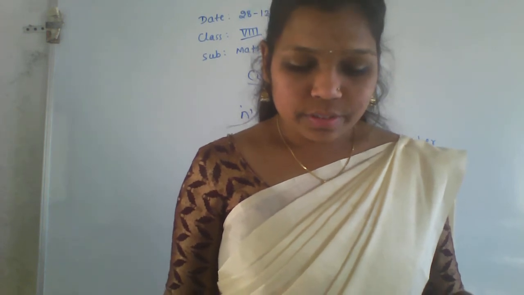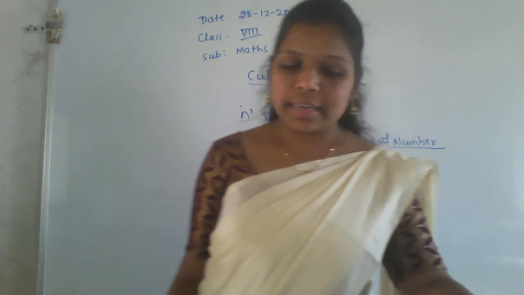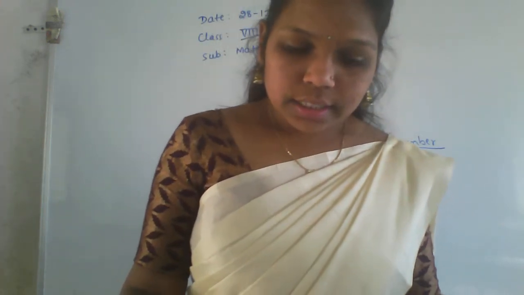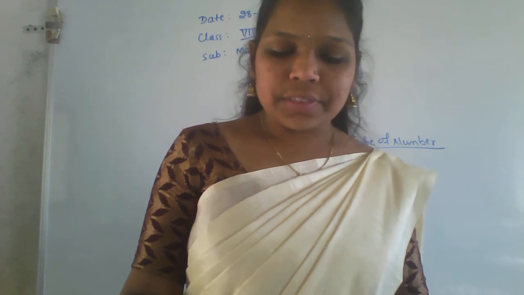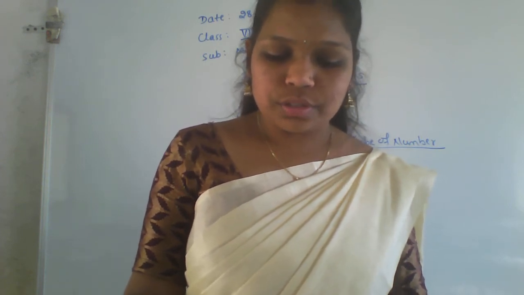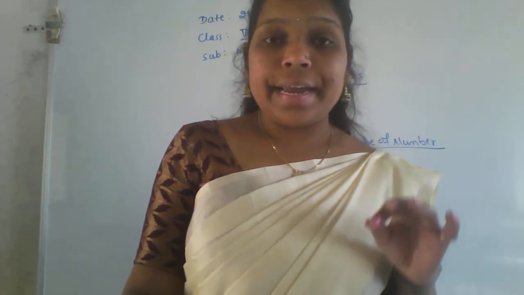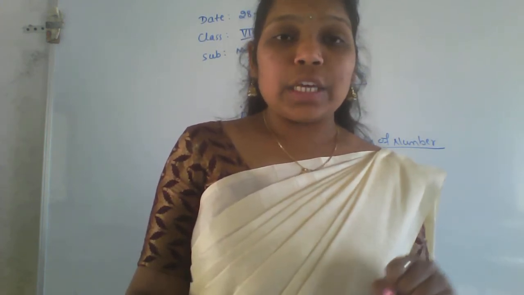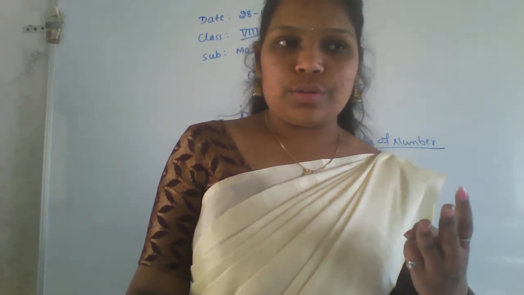Next is the fourth property. What is the fourth property? See here: the cube of a number ending with the digit 0 ends with three zeros. If any number ends with 0, the cube of that number ends with three zeros.